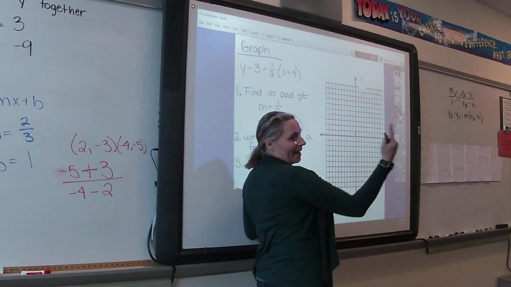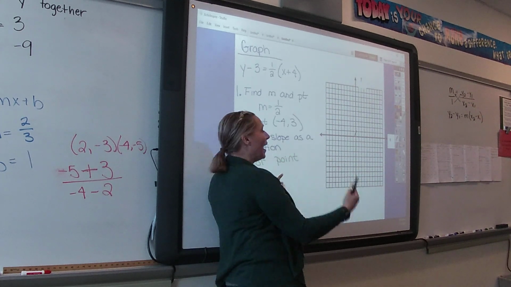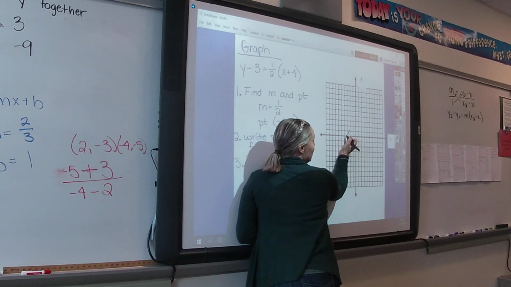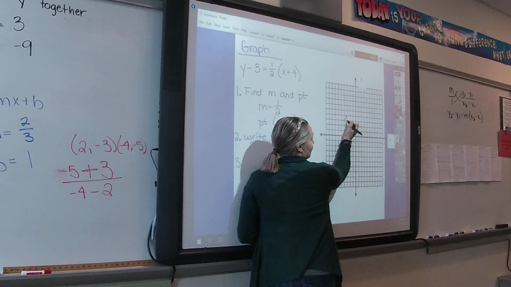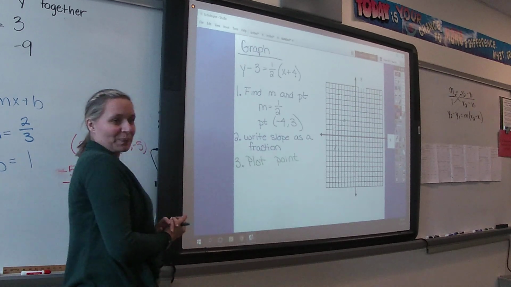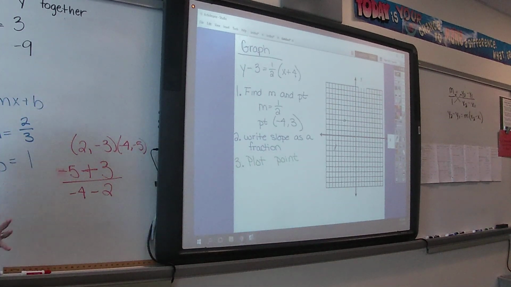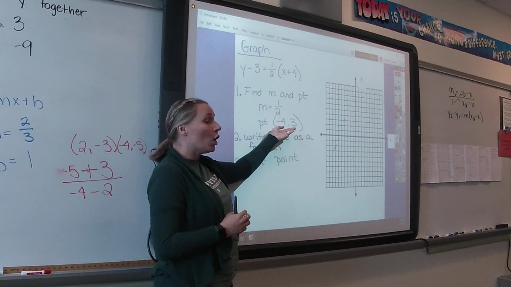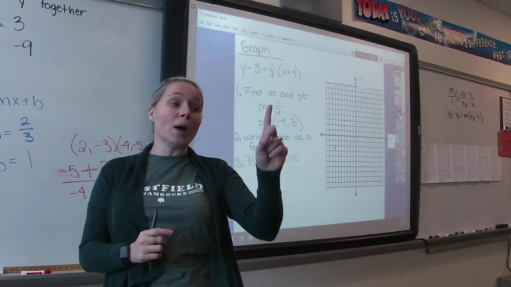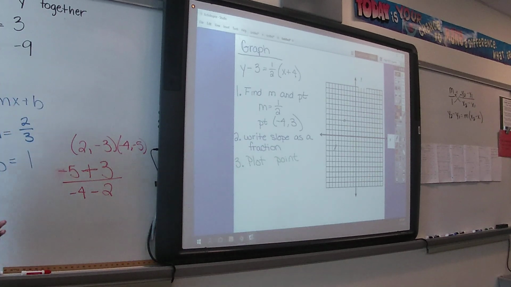So x, comma, y: -4, and then 3. It's not on the intercept this time. We don't know what the intercept is. We just know a point. So right now it's just 1 point.